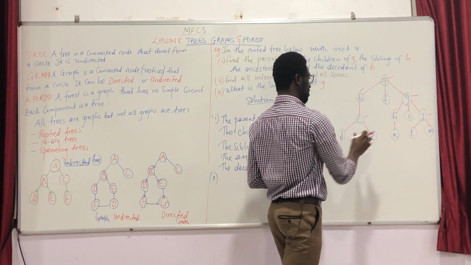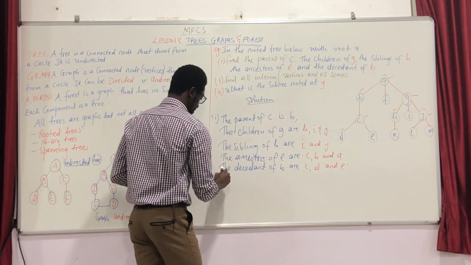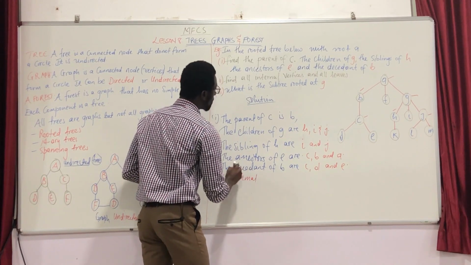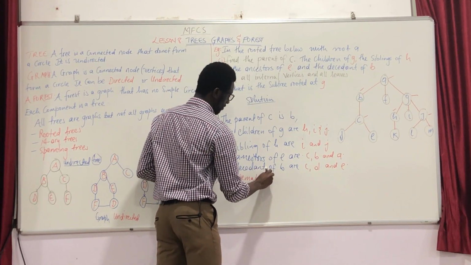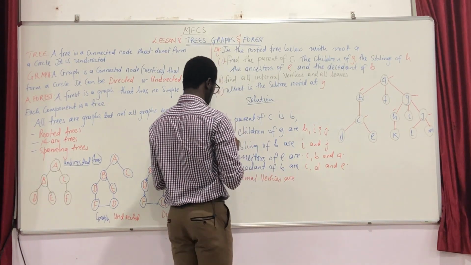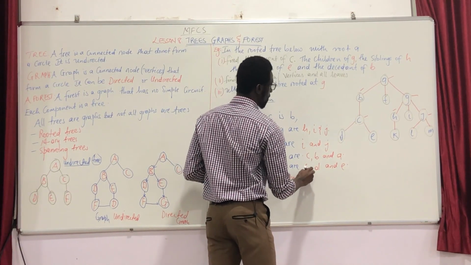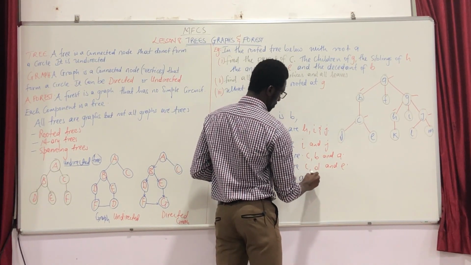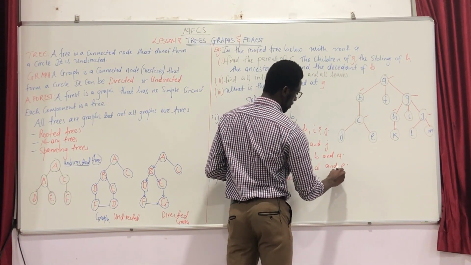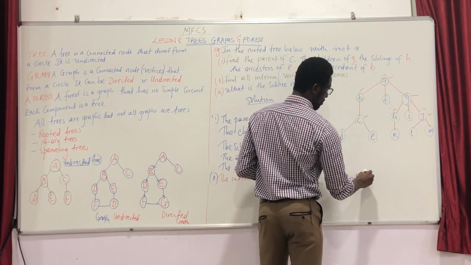So also D and E. So the internal vertices are A, B, C, G, H, and J.